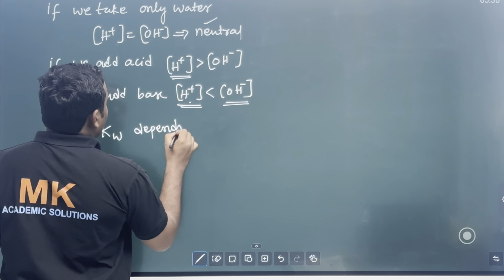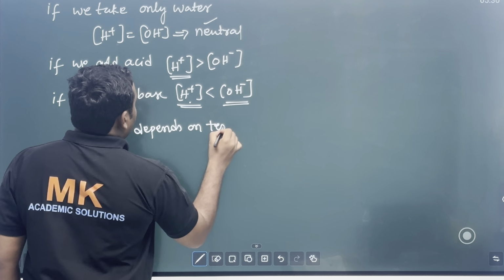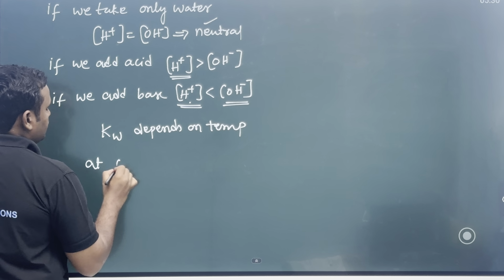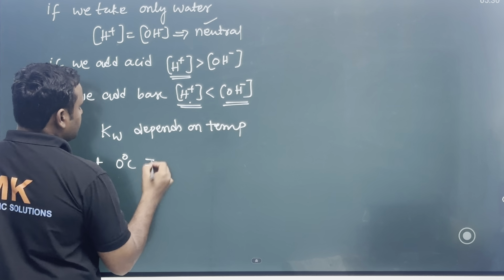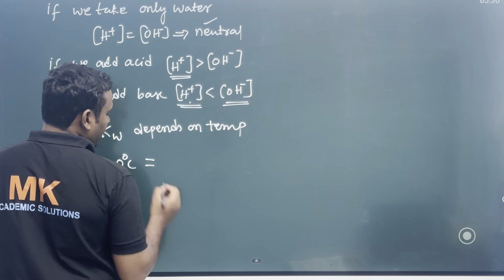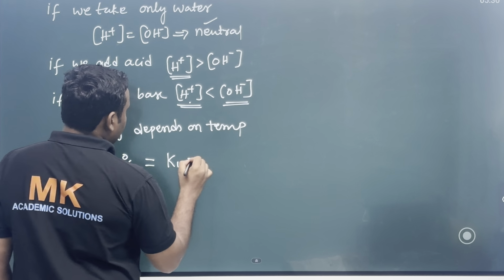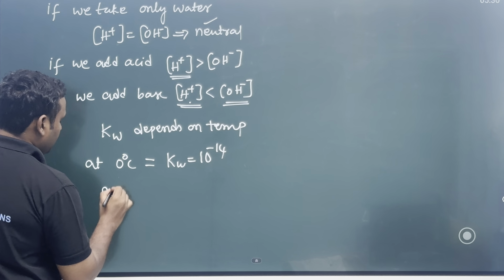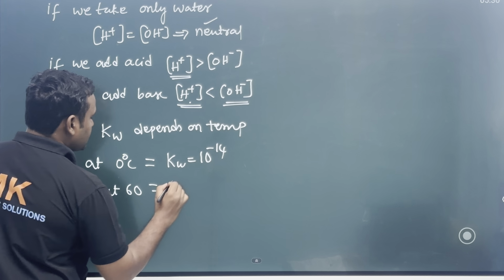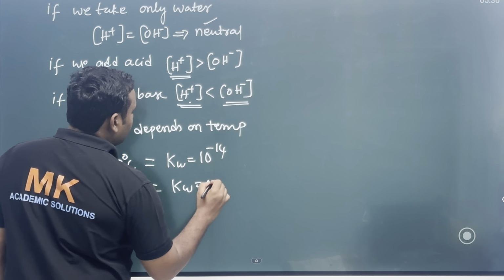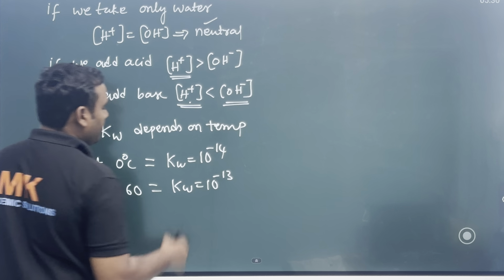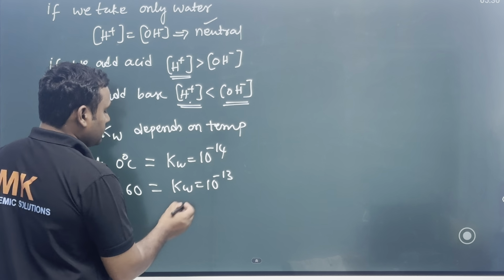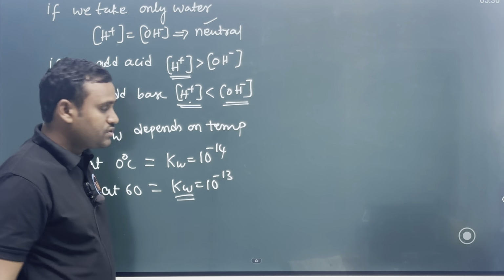So here at 0 degree Celsius, Kw is 10 to the power of minus 14. At 60 degree Celsius, Kw is equal to 10 to the power of minus 30. It means that as temperature increases, the ionic product of water also increases.